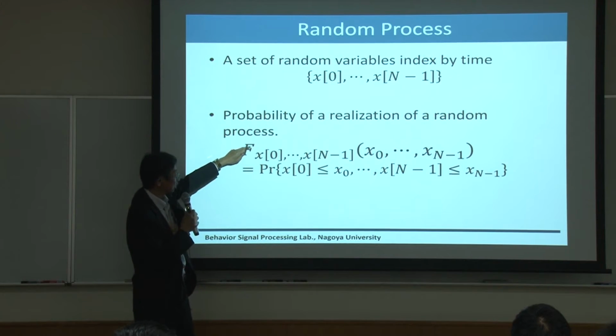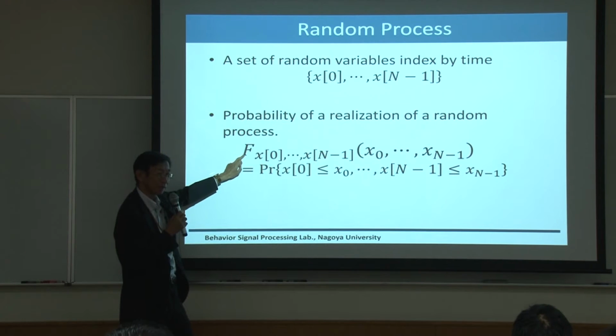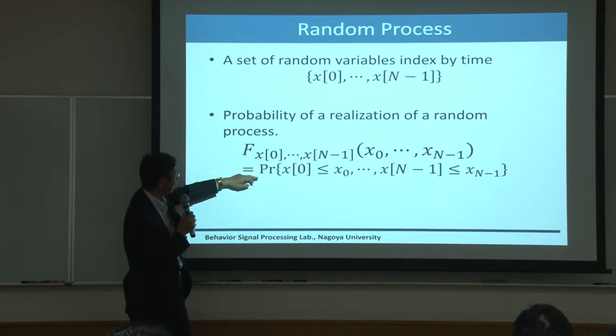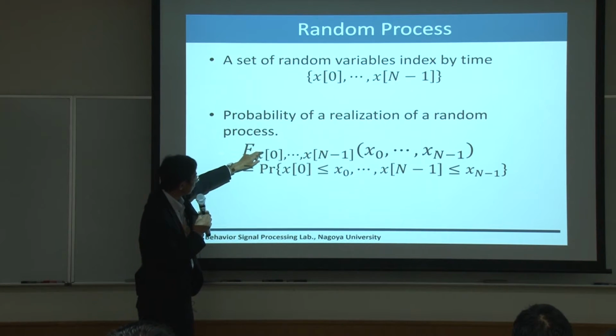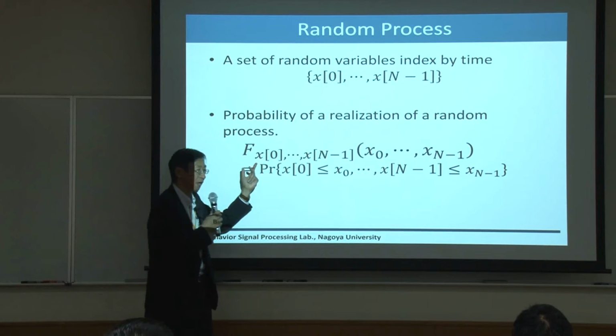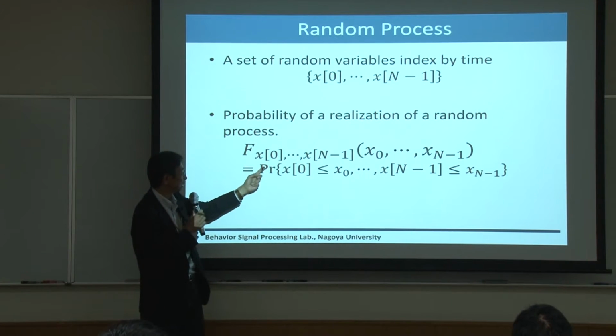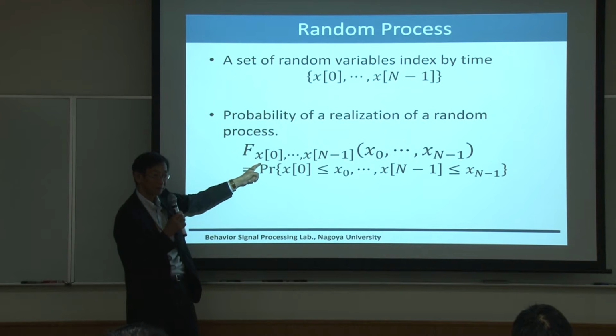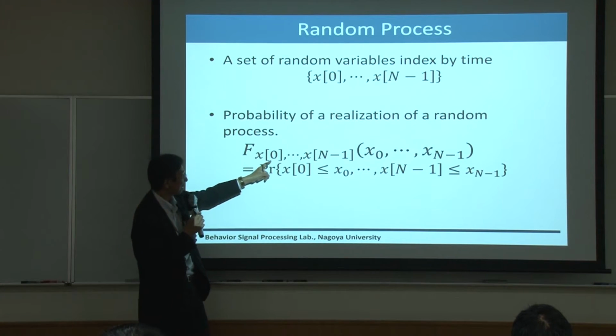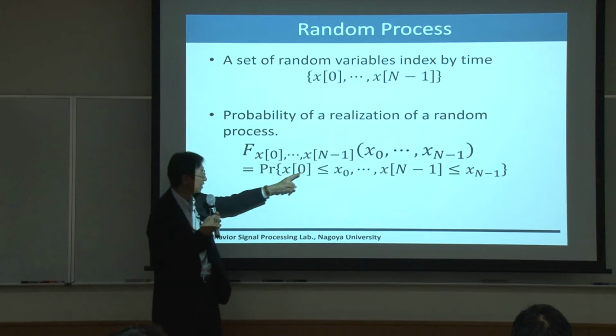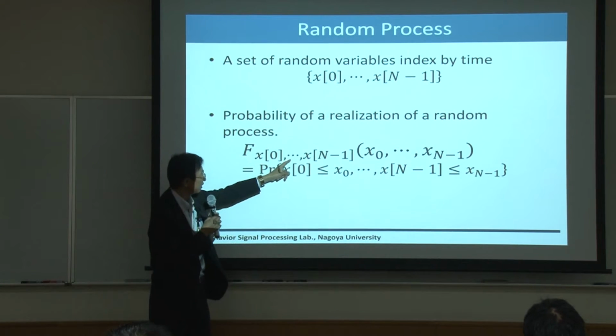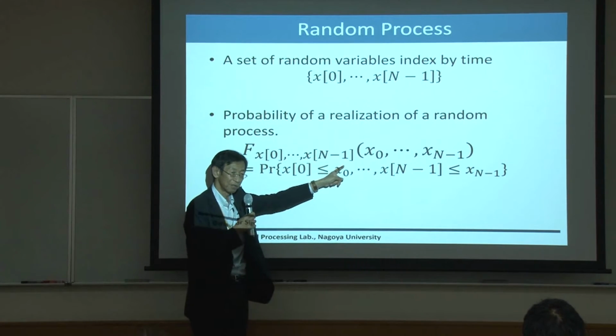F is the distribution function. You may know about probability theory, and in the suffix of the F we usually write the random variable's name. There are n random variables in this case: x0, x1, x2, up to x n minus 1.